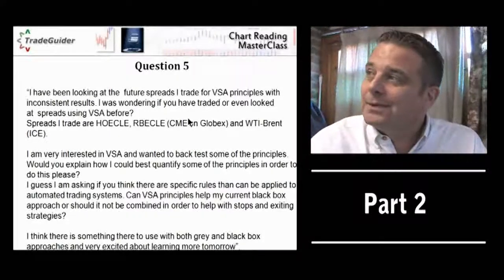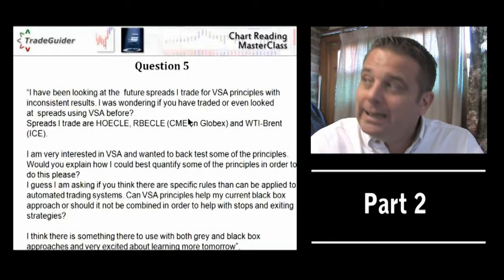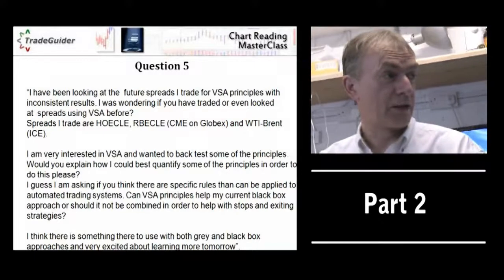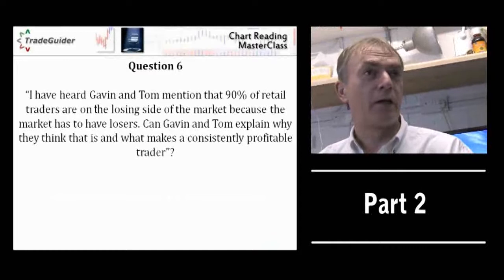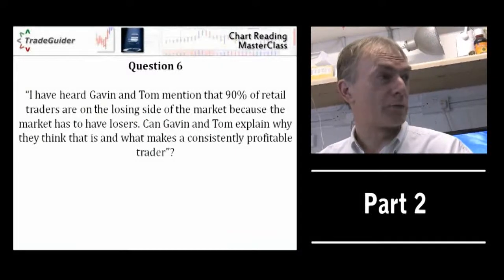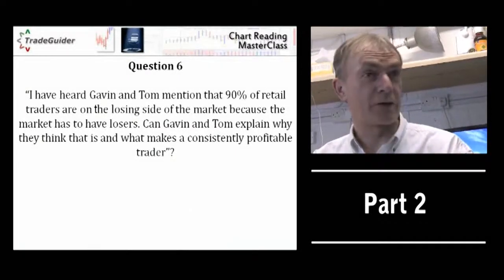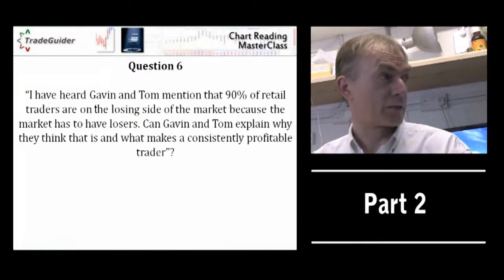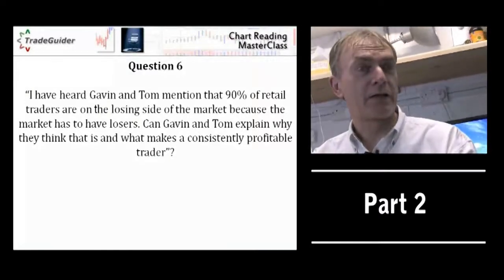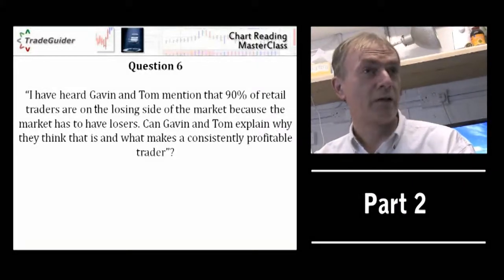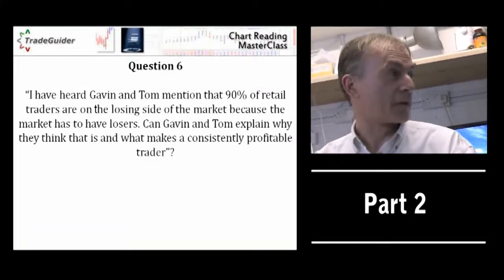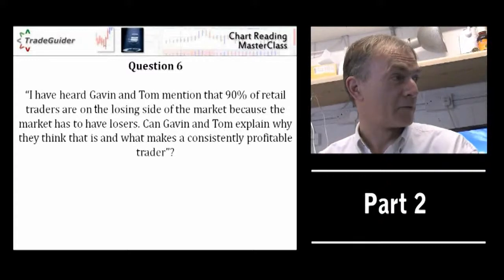Can I give an example of that? Yeah. Because I've been guilty of that before I really understood VSA. I bought some software, which cost quite a lot of money, and backtesting showed, it was trading currencies actually, I think it was 75 to 80% success rate. Right. And I found later that it was based on moving averages and stochastics and all that type of thing. I bought the software thinking I was going to make a lot of money without too much work.